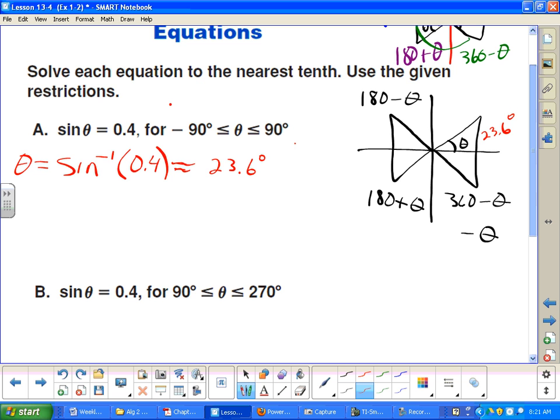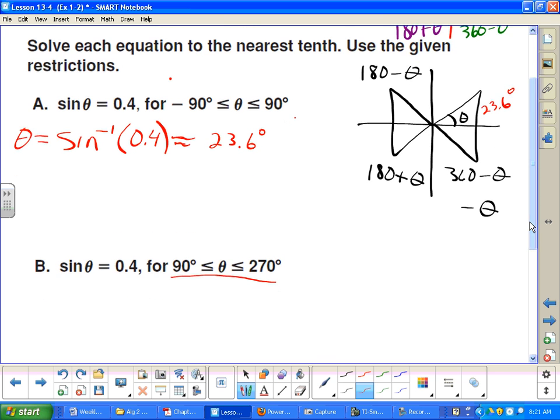So letter B here says find theta where sine of theta equals 0.4, but between 90 and 270. So now we're talking about over here on the left-hand side of the graph, between 90 and 270.